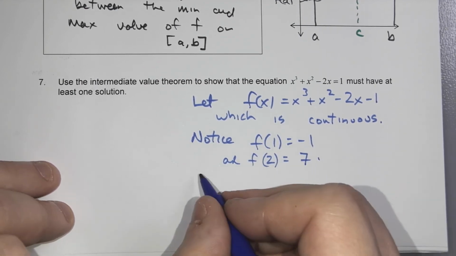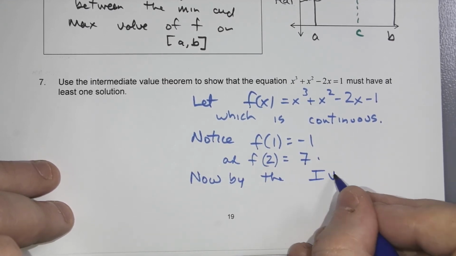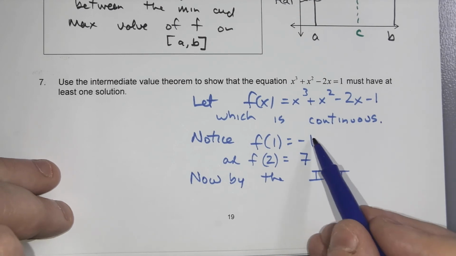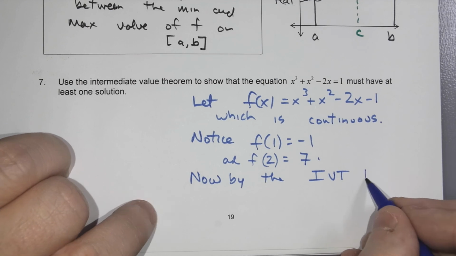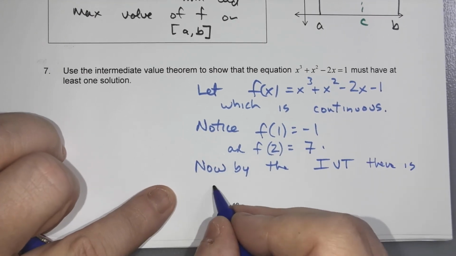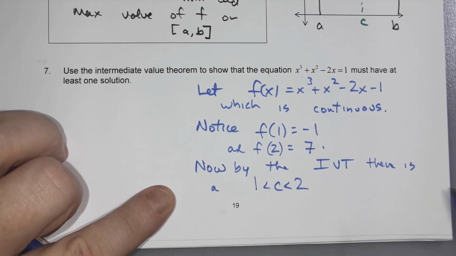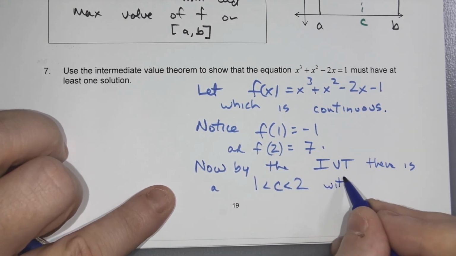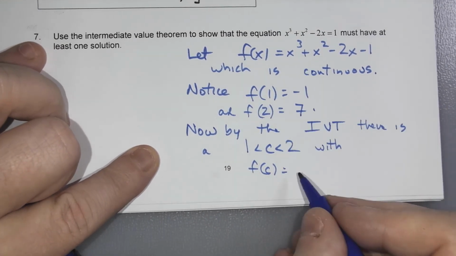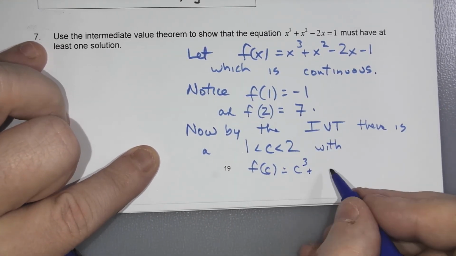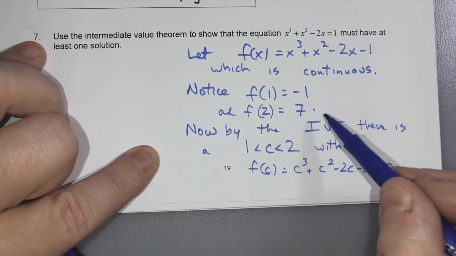So now, by the intermediate value theorem, since negative 1 is less than 0 and 7 is larger than 0, there is a c located somewhere between 1 and 2 with f of c, which notice is c cubed plus c squared minus 2c minus 1, equal to 0.